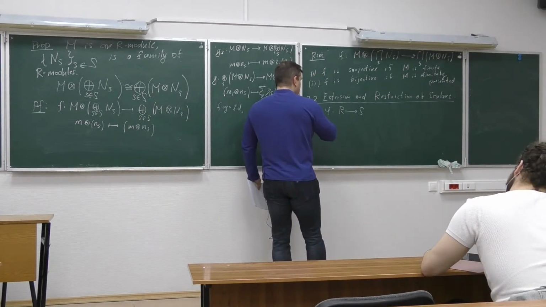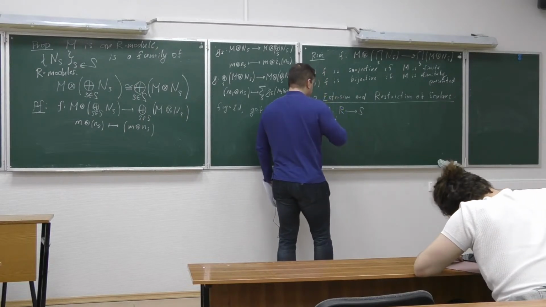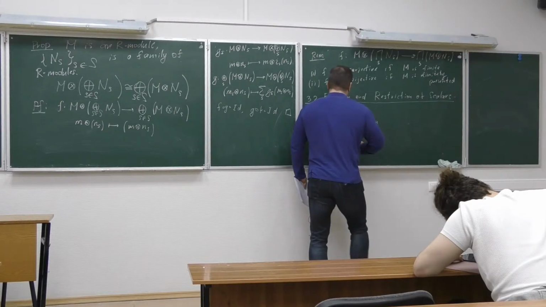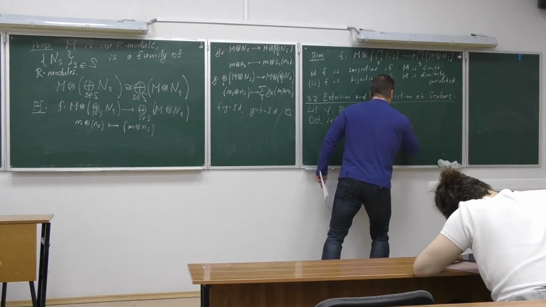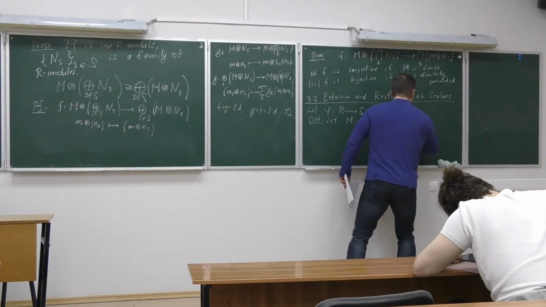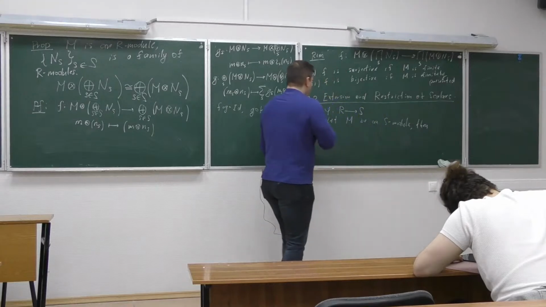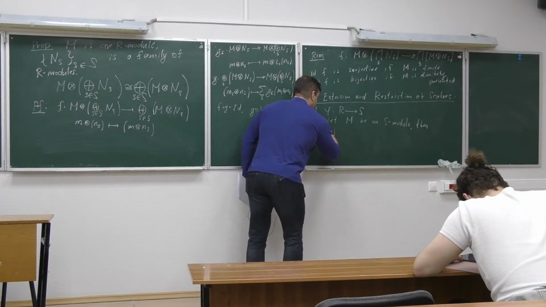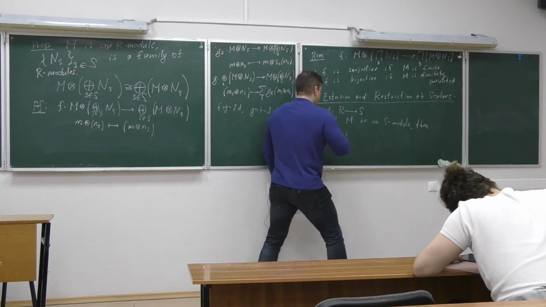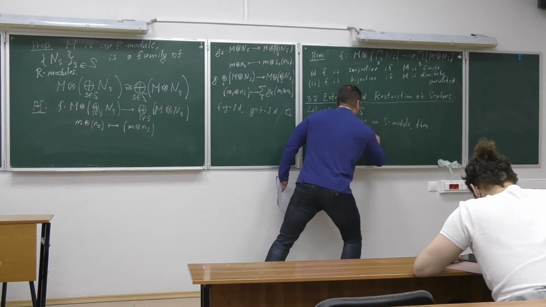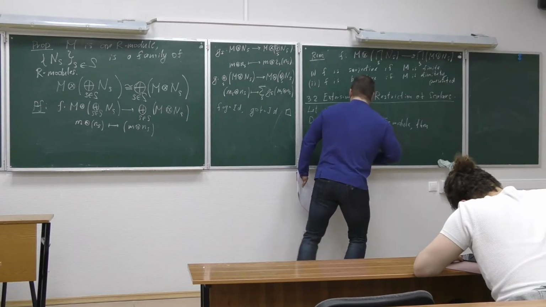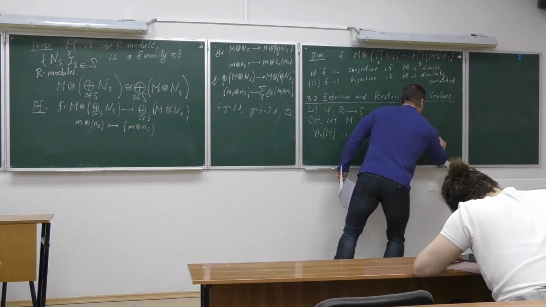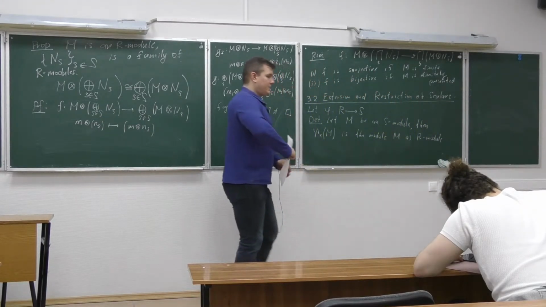I can start with a module, say, let M be an S-module. Then I'm going to use the following notation: phi lower star of M is the module M as an R-module.